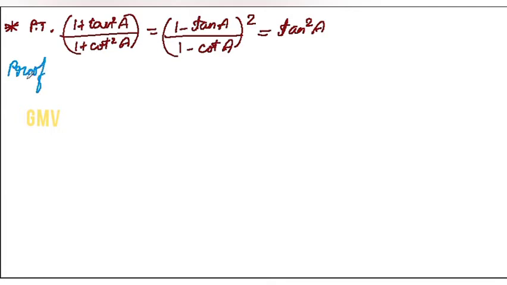In the proof, let us first take 1 plus tan square A by 1 plus cot square A. So I am taking that one.